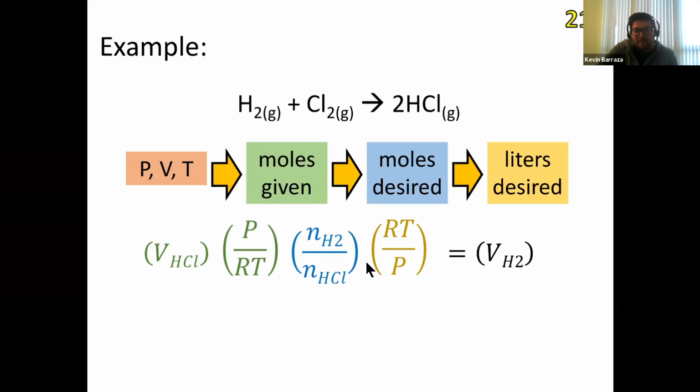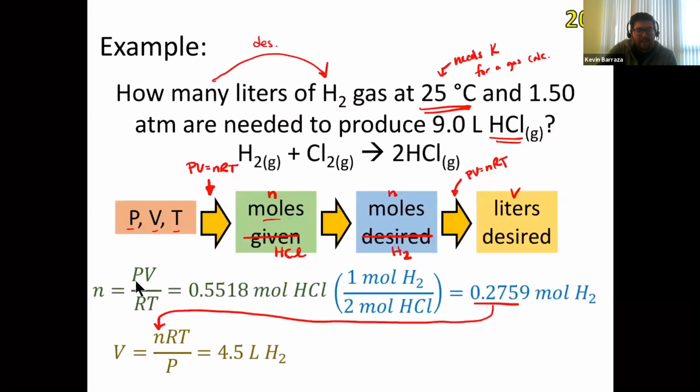But then we used PV equals nRT one more time. And when we did that equation, it actually flipped the calculation. Again, to get it in the beginning, it was PV over RT that I plugged in. To solve for it at the end, I did nRT over P. So they're the flip of each other.